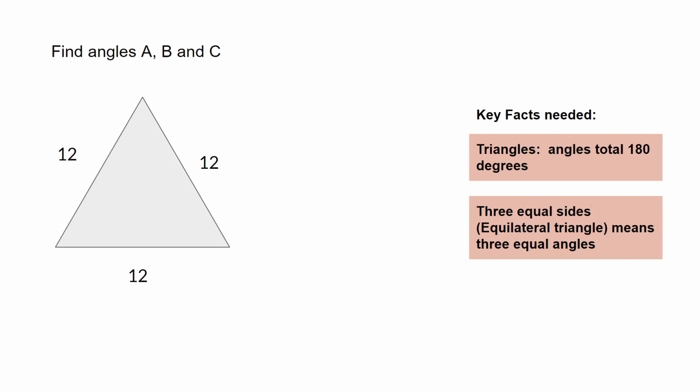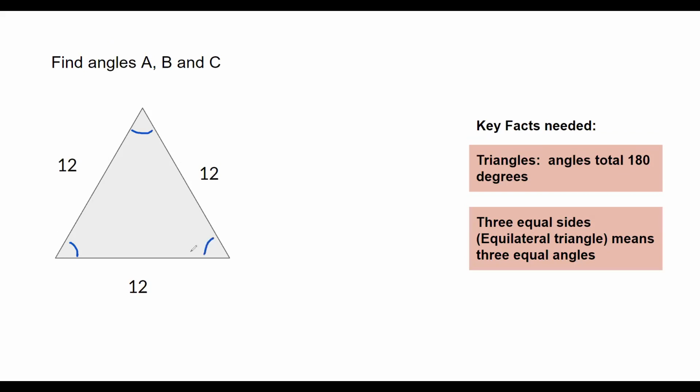All of these angles are the same. This angle and this angle and this angle are equal. And if they all have to be equal and they all have to add up to 180, we can just divide 180 by 3. And those must be 60-degree angles. And that's always true of an equilateral triangle, that the angles will be 60 degrees. It doesn't matter what size it is.